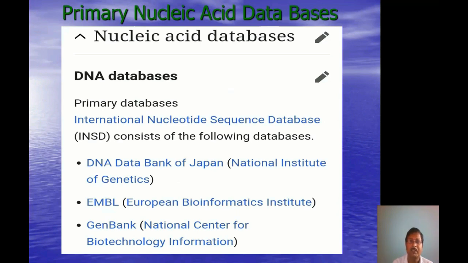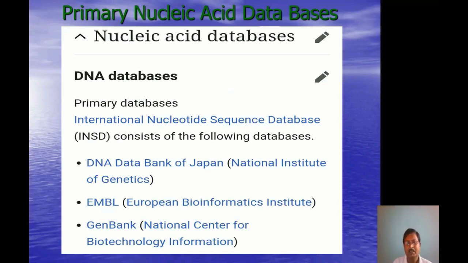Then we will come to another primary database, but this time it is not protein, it is nucleic acid. So, primary nucleic acid databases. Under nucleic acid databases we have DNA databases, because DNA is one of the nucleic acids. The International Nucleotide Sequence Database, INSD, consists of the following databases.